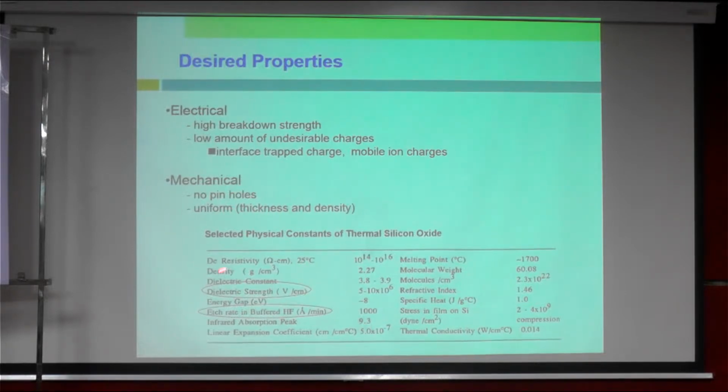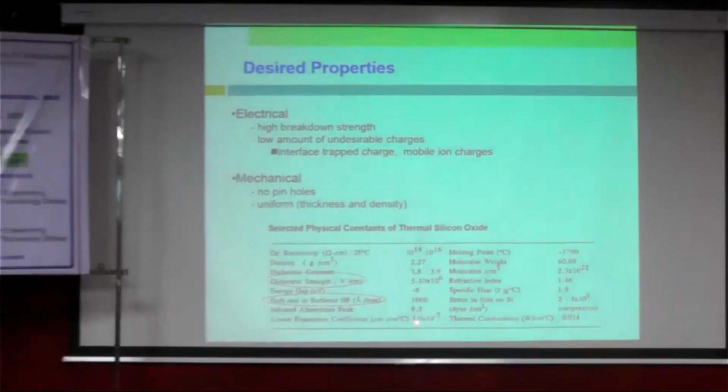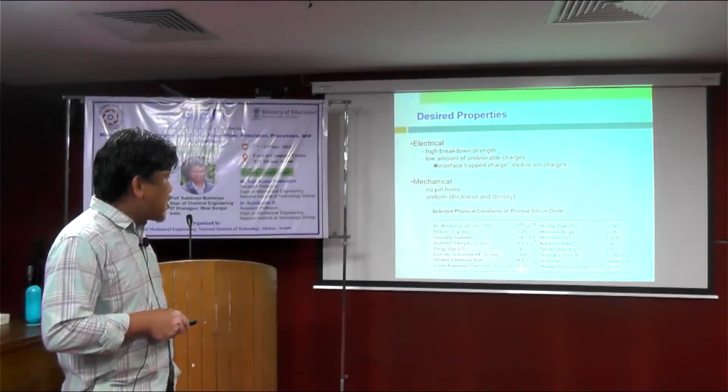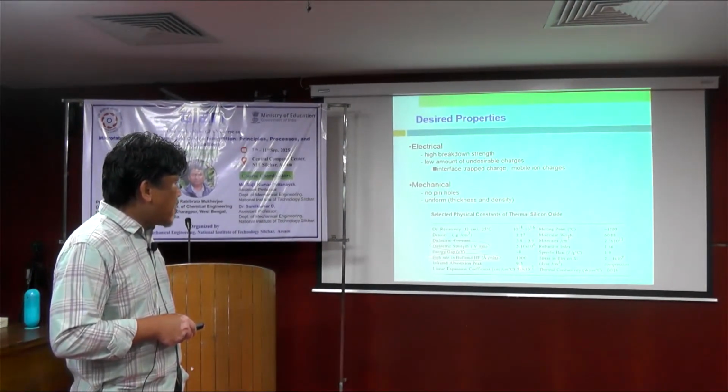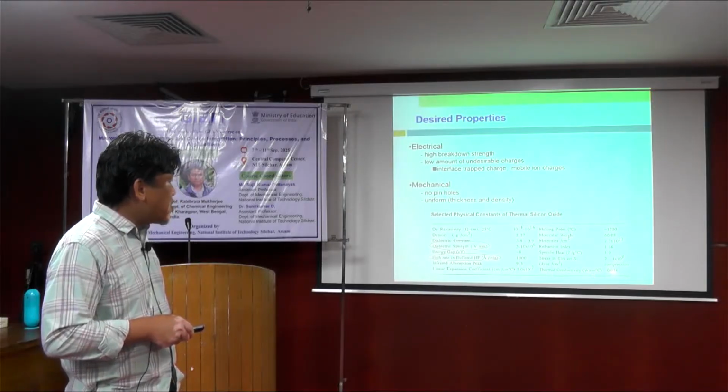So these are the other physical properties of silicon dioxide. We can see that it has quite a high melting point, if we produce it, up to basically 1,700 degrees Celsius, and it has a refractive index of 1.46 and a specific heat of 1, etc. With a linear expansion coefficient of 5 times 10 to the power of -7, and thermal conductivity of 0.04.